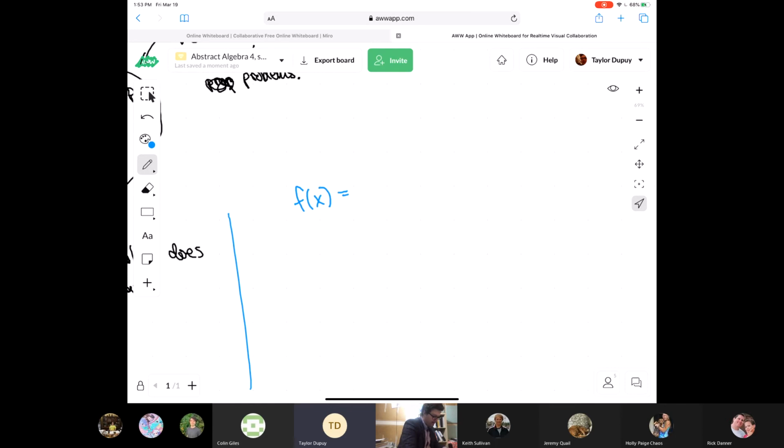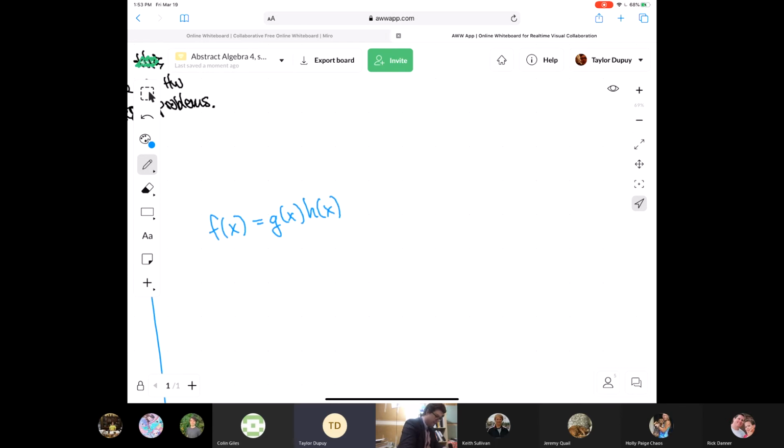So like f of x is equal to g of x h of x. Well, you know, f of x plus 1. Let's just do it this way. This implies that f of x plus 1 is equal to g of x plus 1, h of x plus 1.